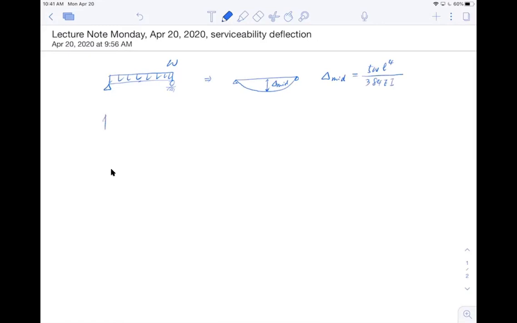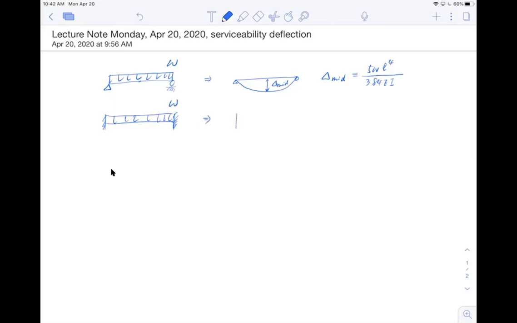And I have an end-constrained beam, fixed. This is usually cast in place, not simply supported anymore. I have a distributed load on top, and the deflection goes like this.